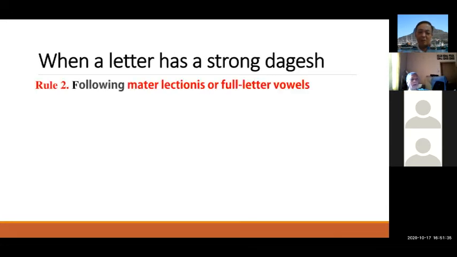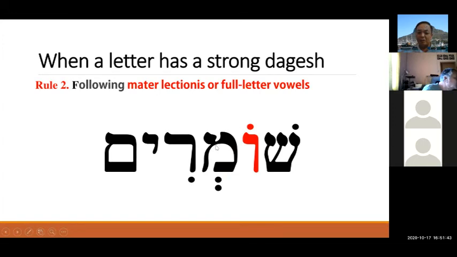Rule number 2: when they follow beta lectionis, or the full letter vowels, like I mentioned just now, somarim. Sorry, when the letter has a strong dagesh follow beta lectionis. Wait, let me see.